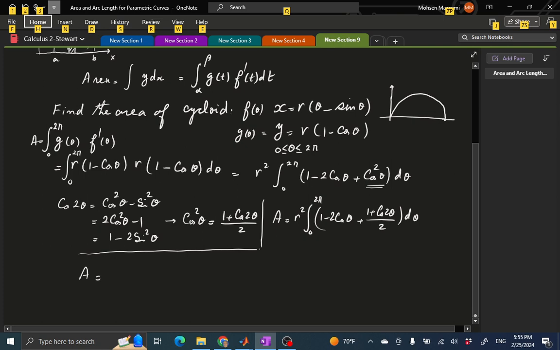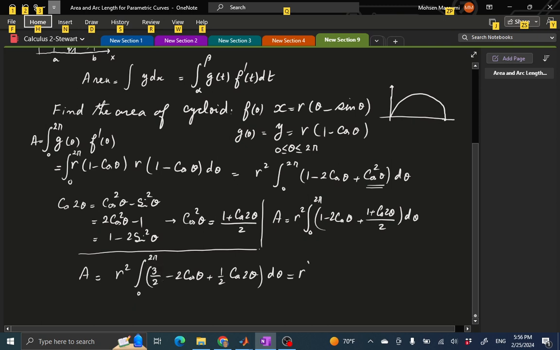Rewrite this again: r squared times, 1.5 is going to be 3 halves, minus 2 cosine theta, and then 1/2 of cosine of 2 theta, from 0 to 2 pi. We already can see what's going to happen here. Cosine theta and cosine of 2 theta are going to go through a full cycle, so their positives and negatives are going to cancel each other out, and only this component is going to be left.